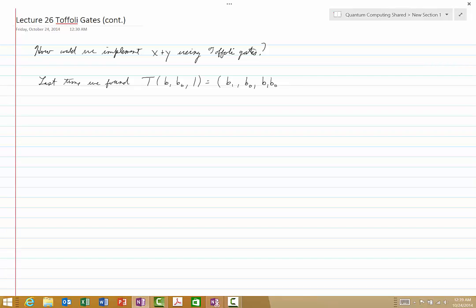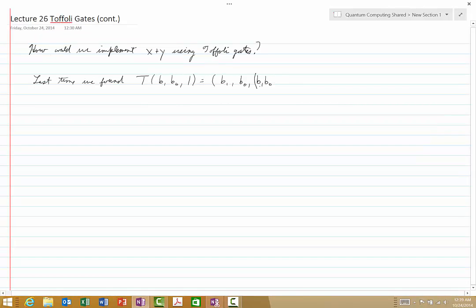B1 and B0 will be ANDed together and then complemented. I've been using prime for complement, so let me be consistent and use prime here. And this is given in your book as well.